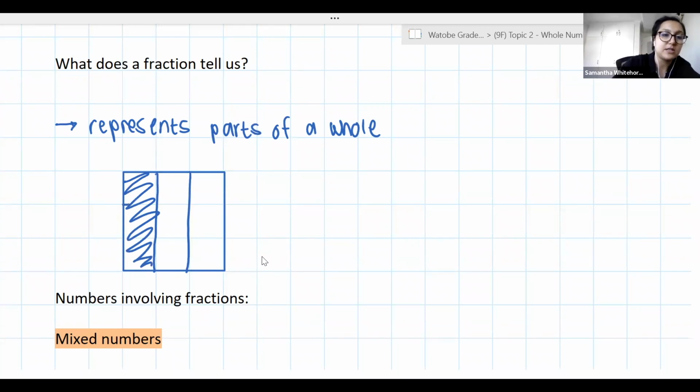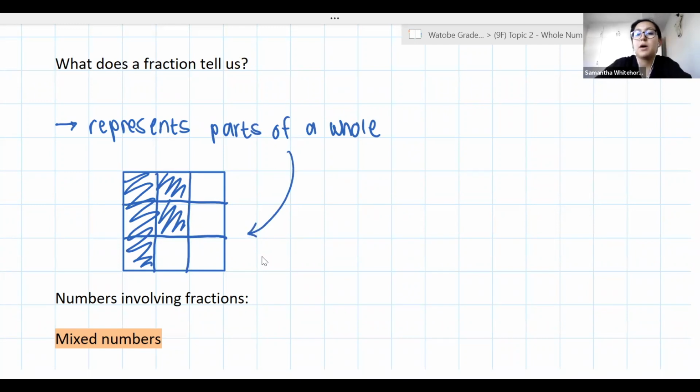If we separated the square into 9 blocks, we could use a fraction to represent that we're talking about, let's say, 5 of those 9 blocks. So this is what I mean when I say we can represent parts of a whole with a fraction.